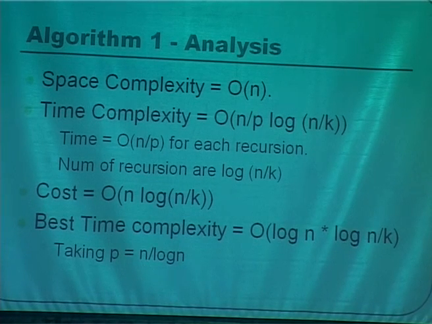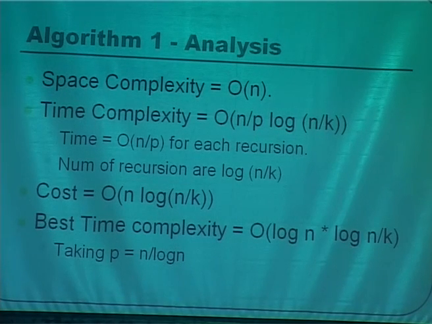Time complexity will be order n by p log n by k, because each recursive step requires order n by p time, as we discussed earlier. The number of recursions will be order log n by k, because each time we will have at least a 25%, 75% partition, and we do that till the partition size is less than k.